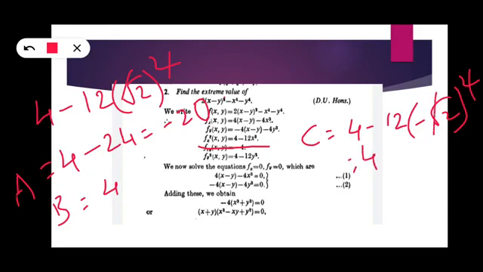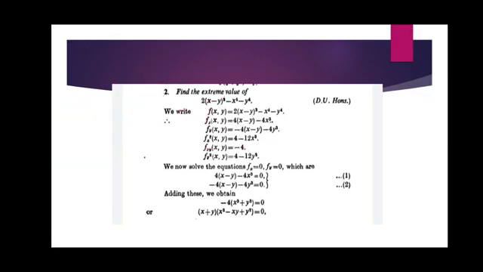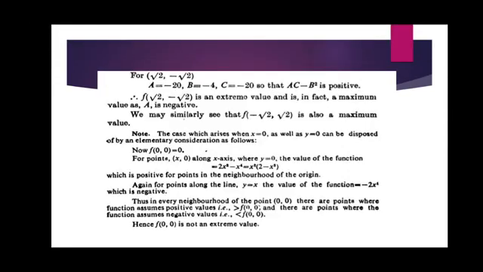So here we have 4 minus 12 into 2, 12 twos are 24, so this will be minus 20. So a is equal to minus 20, b is equal to minus 4 and c is equal to minus 20.